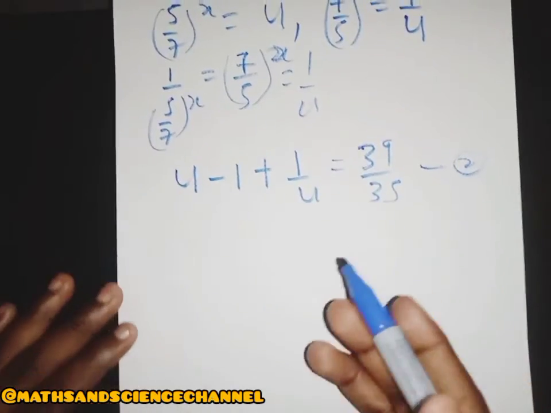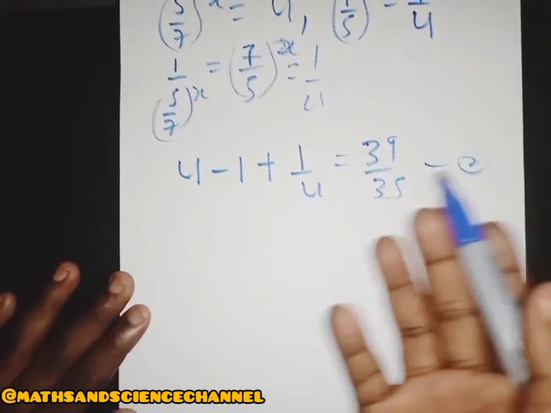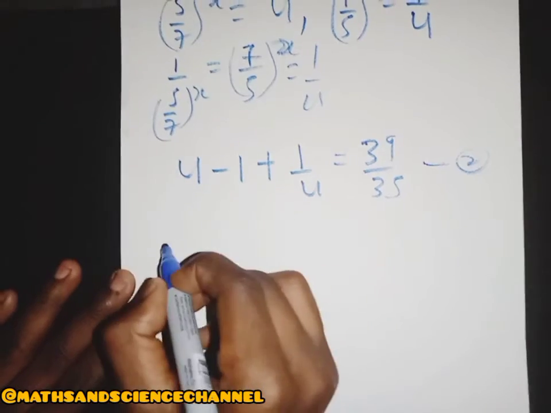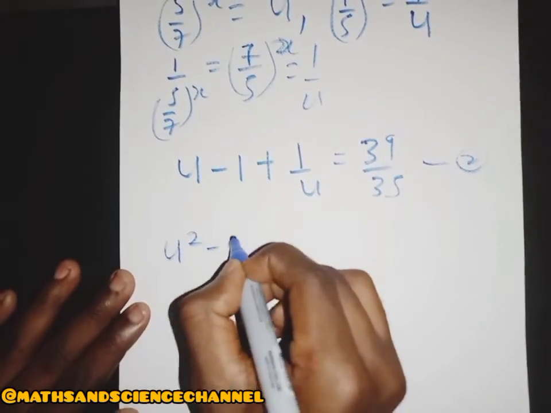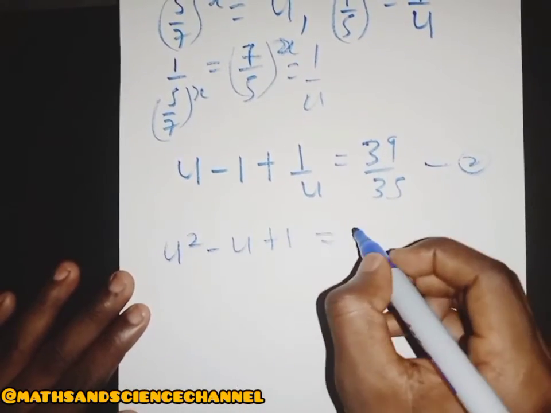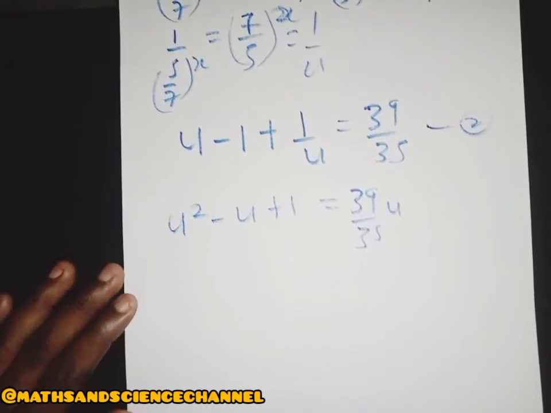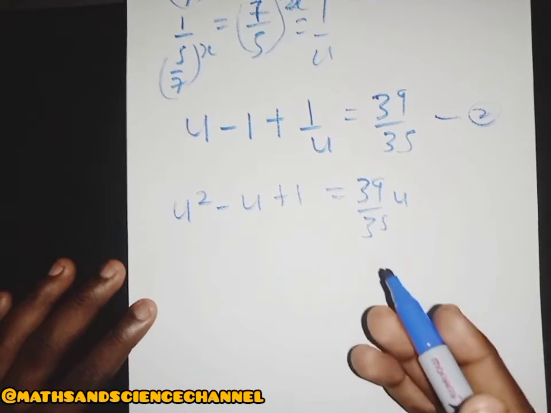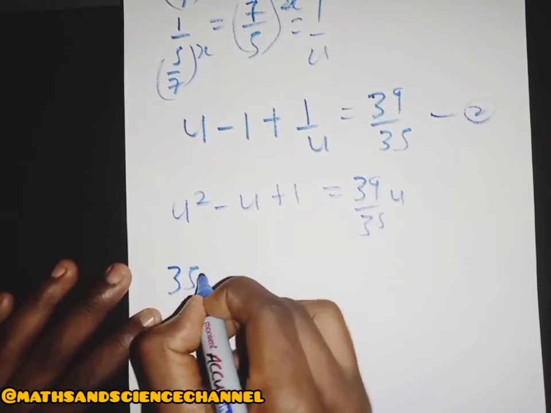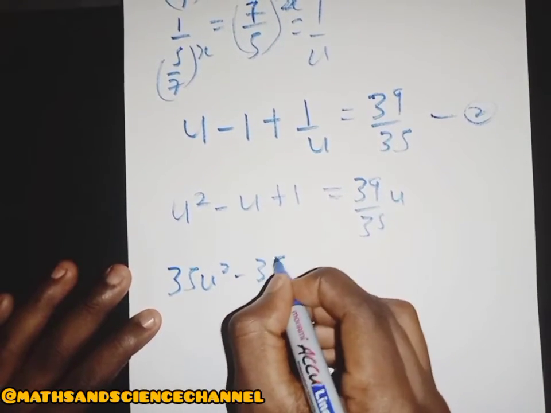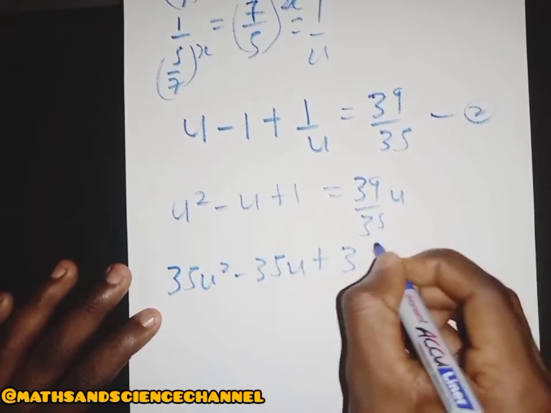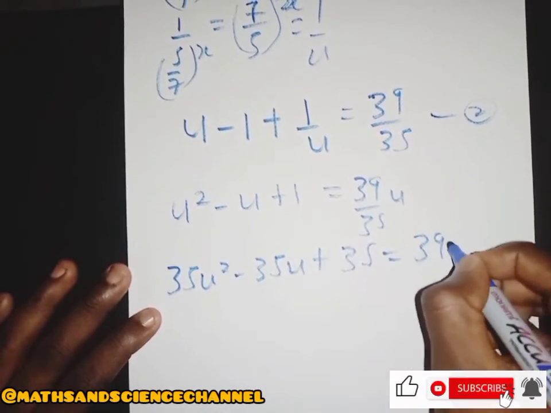From here we can quickly simplify. Multiplying all sides by u, we have u squared minus u plus 1 equal to 39 over 35u. Then we multiply all sides by 35, so we have 35u squared minus 35u plus 35 equal to 39u.